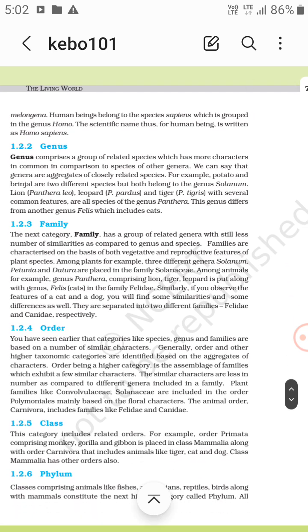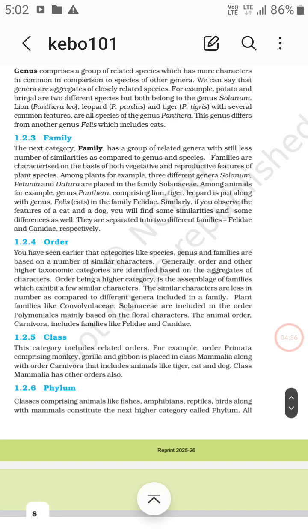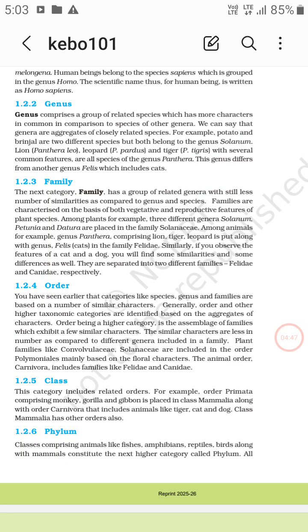Now, genus. Felidae is a family, which includes tiger and cats, and Canidae includes dog. Potato and brinjal belong to the same genus Solanum.